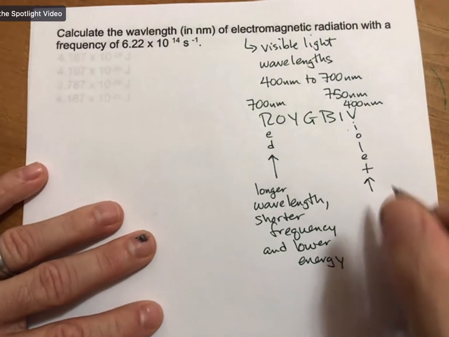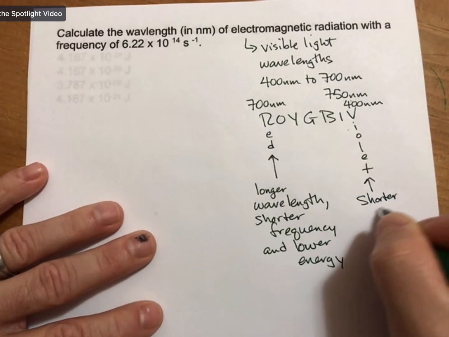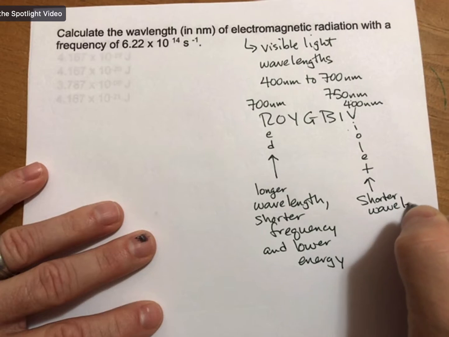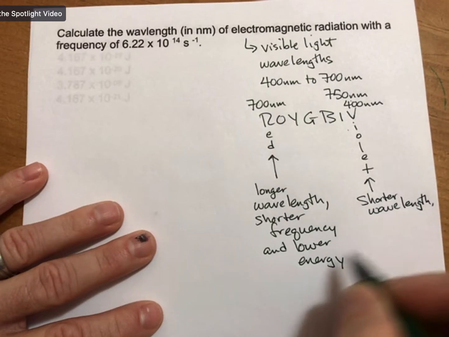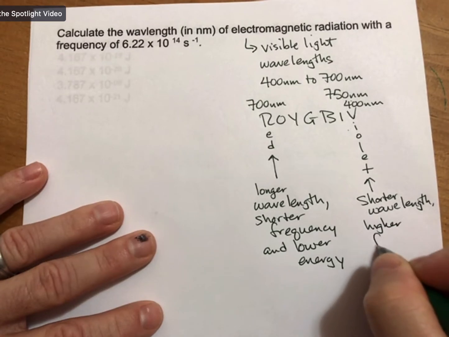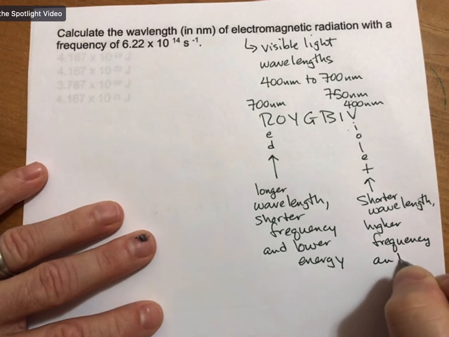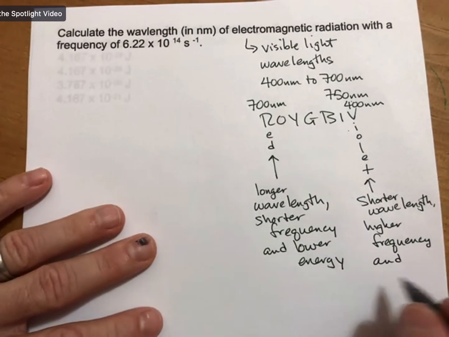Whereas violet has a shorter wavelength, higher frequency, and higher energy.